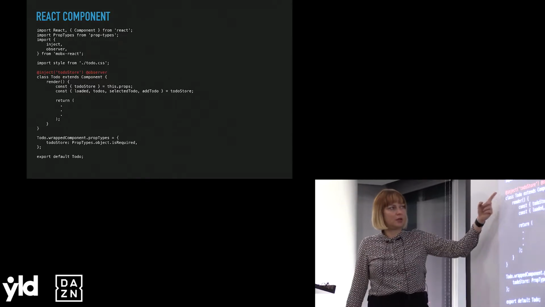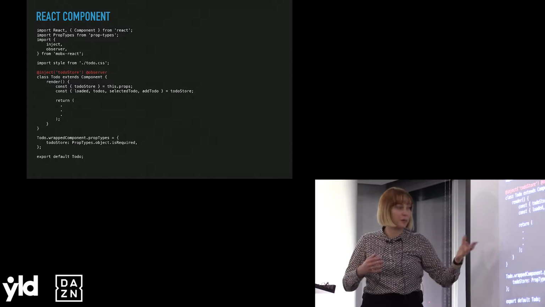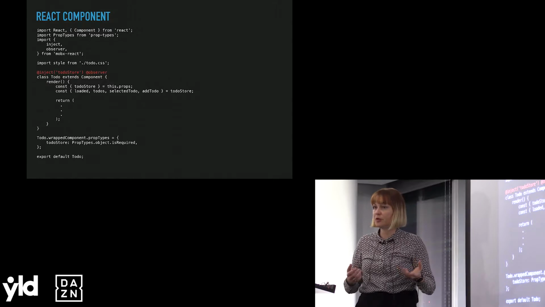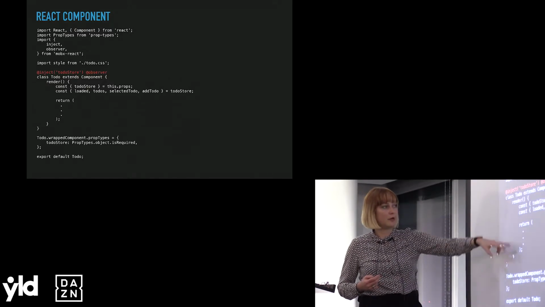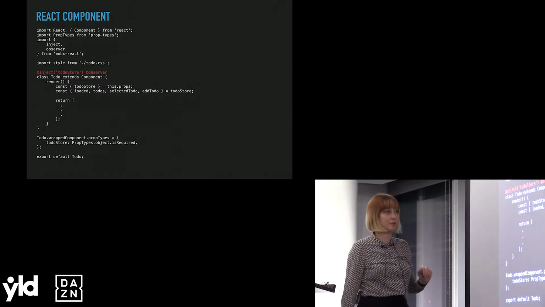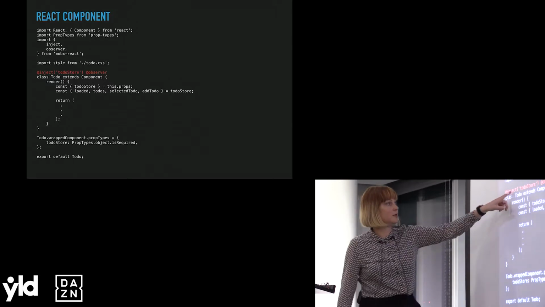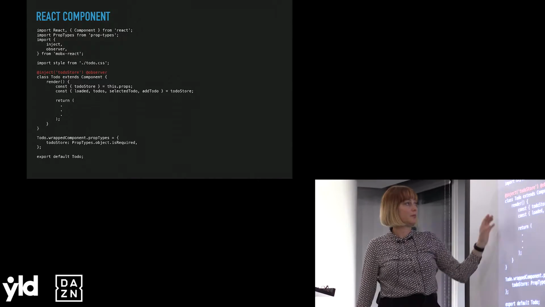It is used instead of wrapping a component into higher order functions. So it is a nicer syntax that adds additional functionality to my component, but does not change the basic functionality. So with inject, we are injecting, for example, here a to-do store.